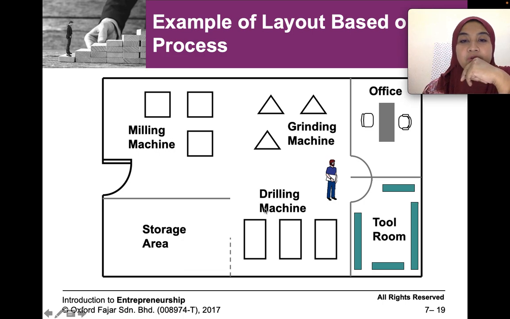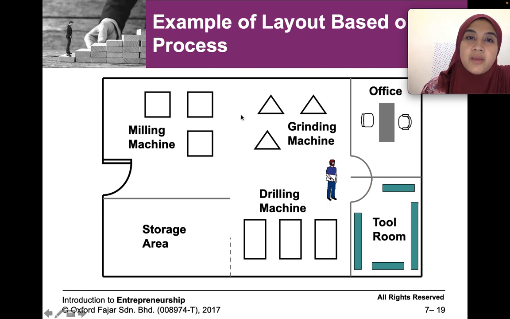If the product is required to do some drilling, take the product to the drilling machine, and then put it in storage. If the product is required to grind, take the raw material to the grinding machine, and once finished, put the product in the storage area.